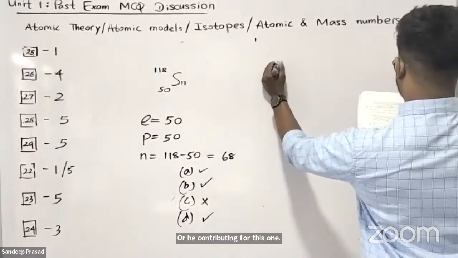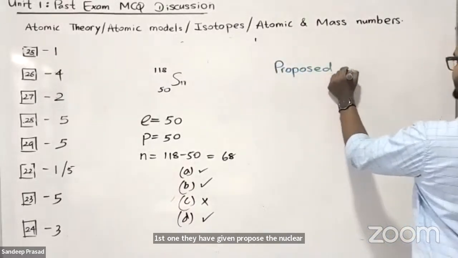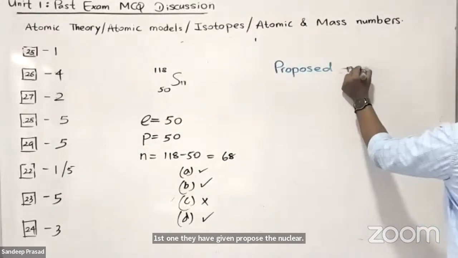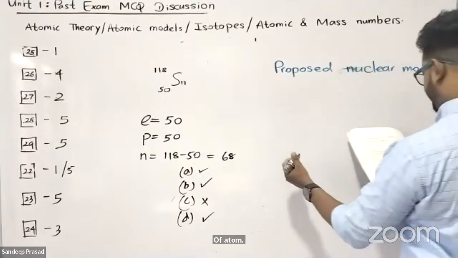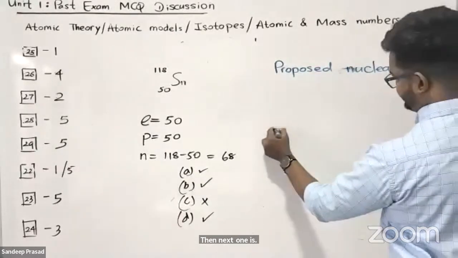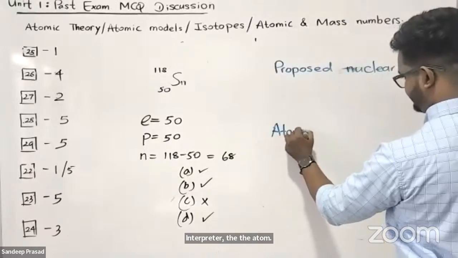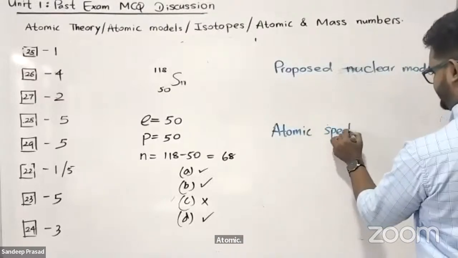First one, they have given propose the nuclear model of atom, right? Then the next one is interpreted the atomic spectrum of hydrogen. Yeah, you know that atomic spectrum of hydrogen.